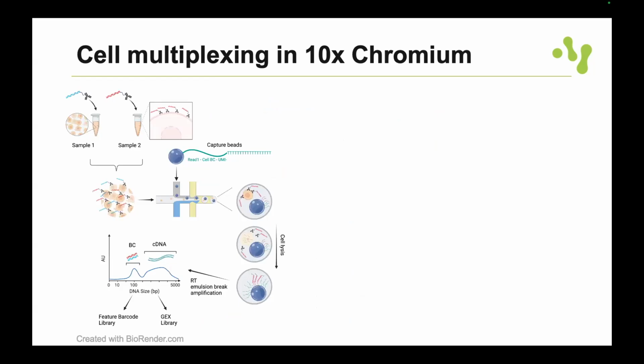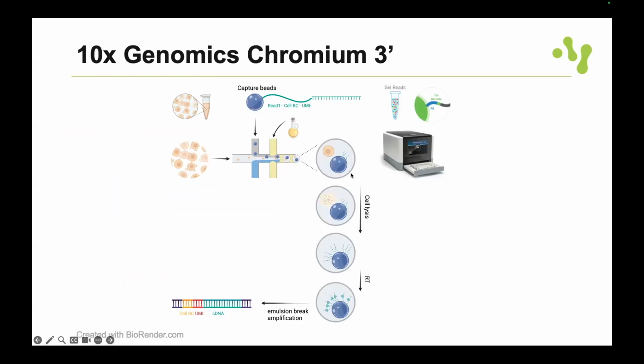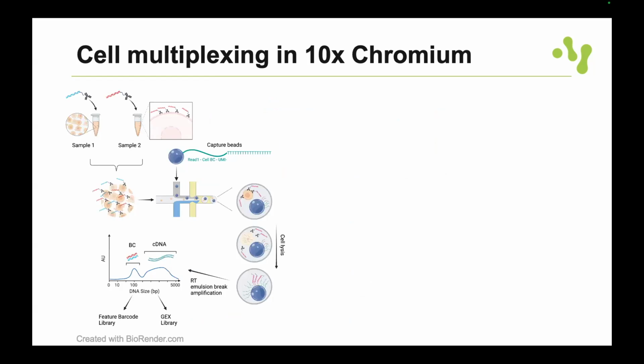And later this has evolved. One thing is that for each of these reactions, they charge quite a lot of money for buying these kits. So you might want to combine more than one sample per reaction. Then you could do cell multiplexing, and there are different ways to do it.